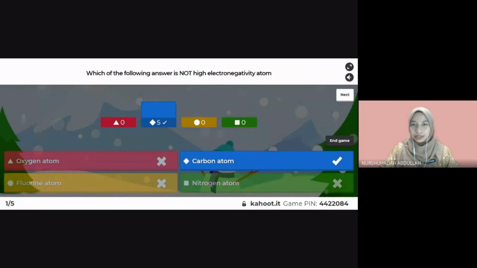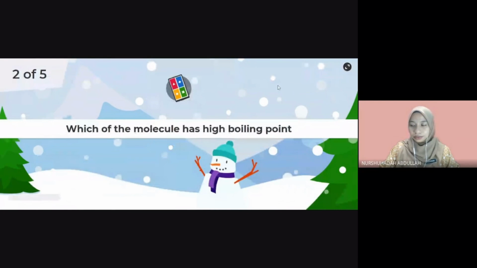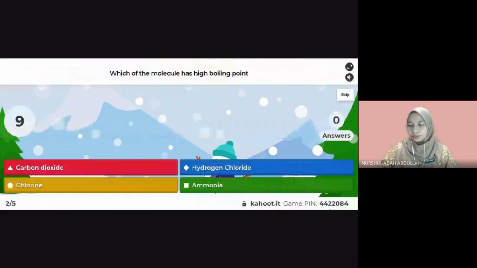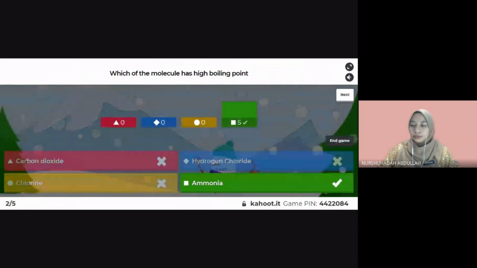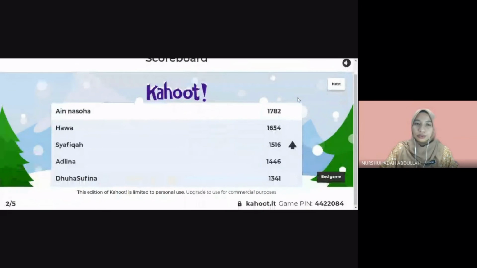Oh, correct. So carbon is not a high electronegativity atom. So we see it. So Aina Soha on top. Okay, so Aina Soha again.